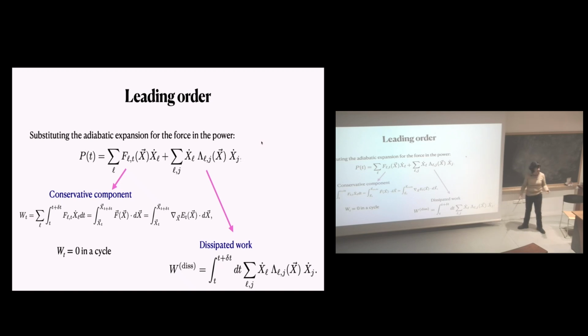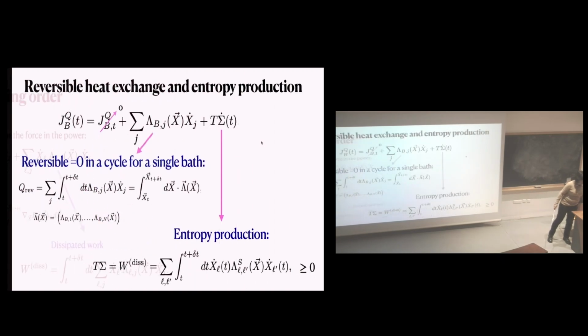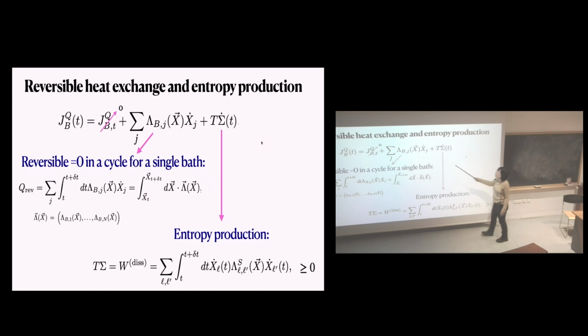So we cannot take into account that dissipation component if we cut the expansion of the flux only at the level of the linear term. So we see that precisely this dissipated work is the one which contributes to this rate of entropy production, which is a higher order process in the velocities.